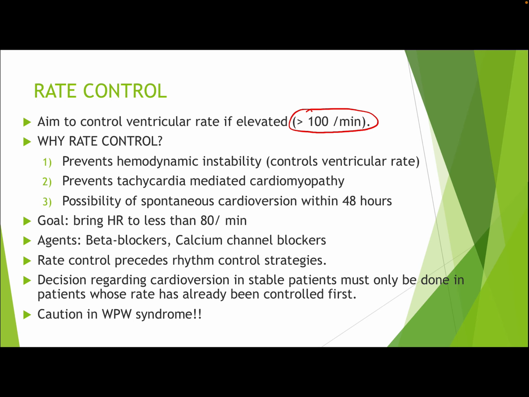So the atrial rate is really high, like 400. But due to the slower AV nodal conduction velocity and a conduction delay that happens at the AV node, all the impulses from the atria don't really get conducted to the ventricles, and so the ventricular rate will usually be between 90 to 170 per minute.